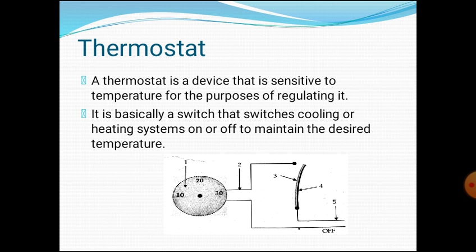When the temperature inside a house, for instance, rises or drops below the setting on the thermostat, the switch actuates and an air conditioner or a furnace runs to cool or warm the air in the house until it reaches the temperature that has been set. When the correct temperature is reached, the switch deactivates and stops further heating or cooling until it becomes necessary again. This cycle continues. This is the diagram of thermostat.